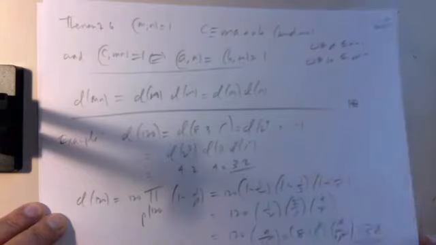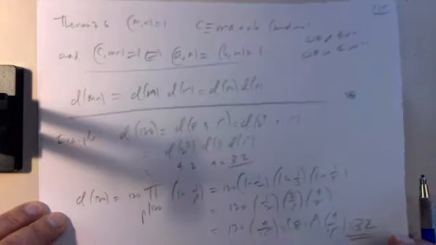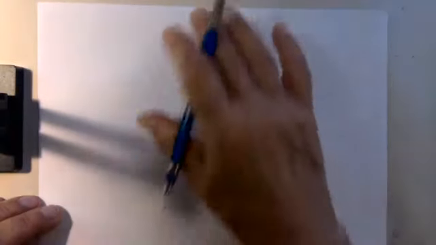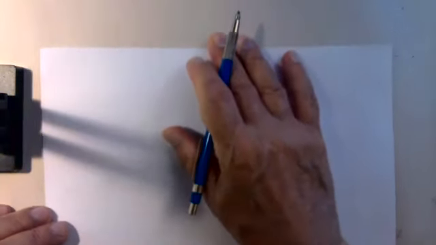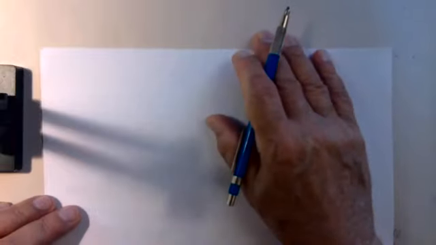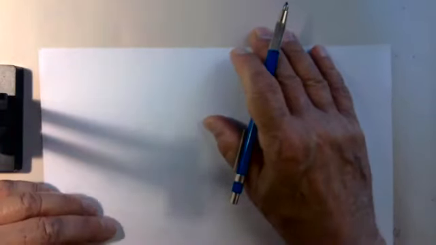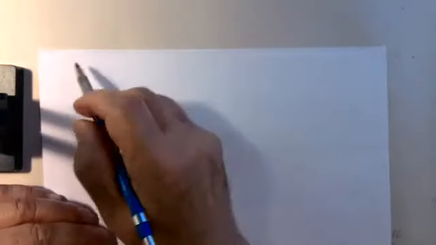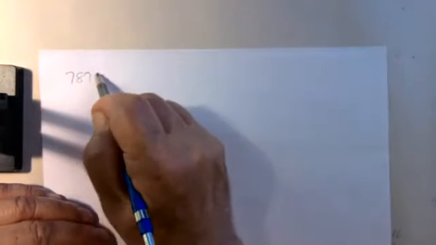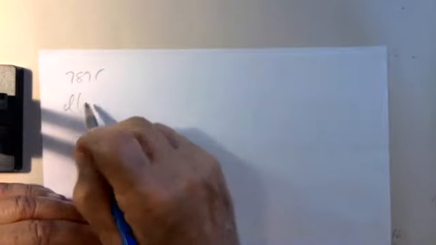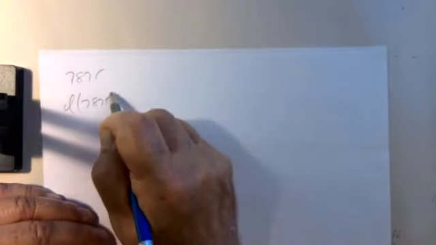Let me state one more beautiful result about the Euler phi function. Actually, let me do one more example. This is an example in the book. 7,875. Suppose I want to know what is phi of this.